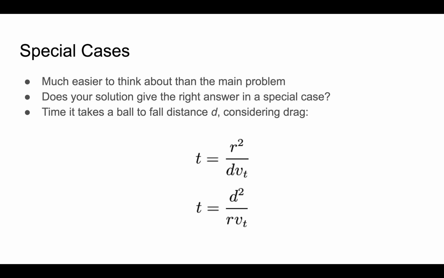So as r increases, t increases. But the bottom formula has t inversely proportional to r, so as r increases, t decreases, and that's incorrect. And so by combining those two tests, we can see that neither of these formulas pass our special case test, and so both of them are absolute garbage.